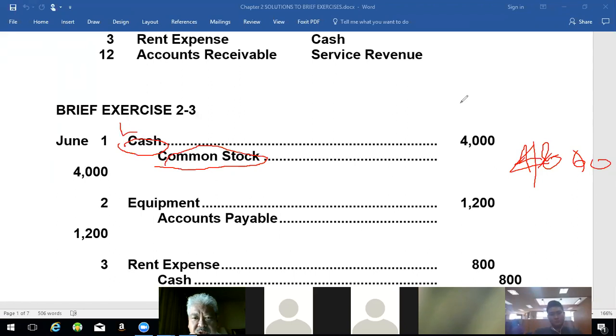So this number here is the debit, and this number on this side is the credit. And now at least you get something for the format of entry. I will give partial credit for that, and that's something that may be the difference between passing and not passing.